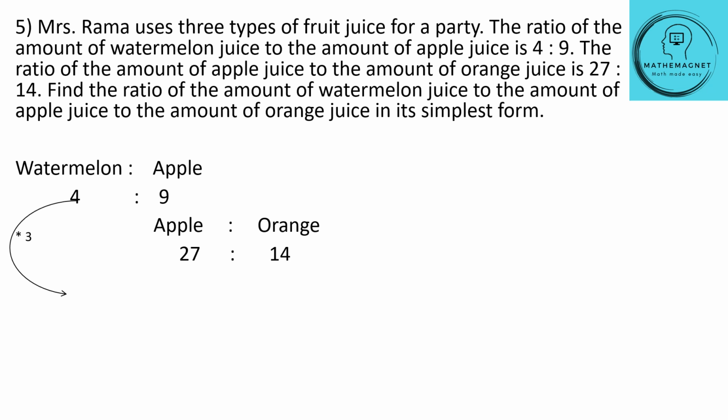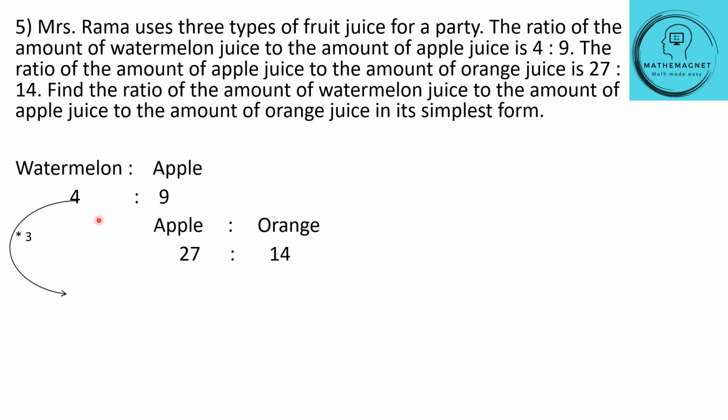Now to make this a ratio of watermelon is to apple is to orange, we will have to convert this ratio in such a way that the apple will have the same value. Now here in one ratio apple value is 9 and in another ratio the apple value is 27. So to make it uniform, if you multiply the first ratio, that is 4 is to 9, by 3, you will get apple as 27, correct?